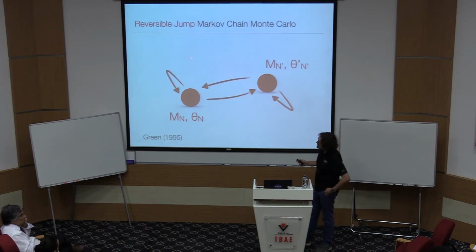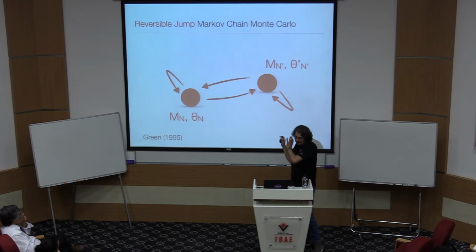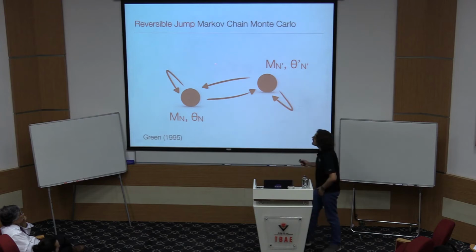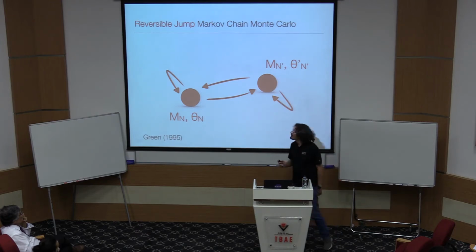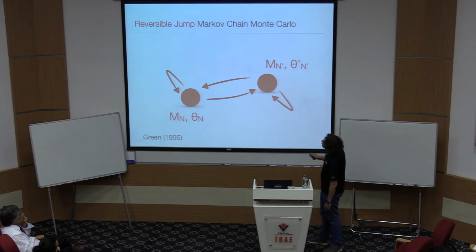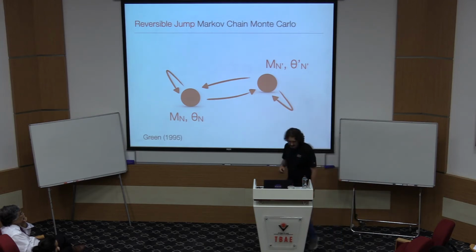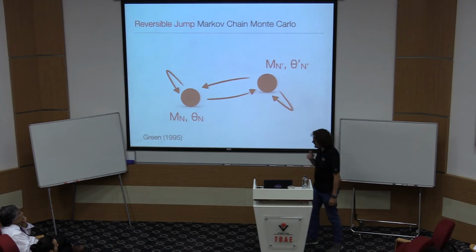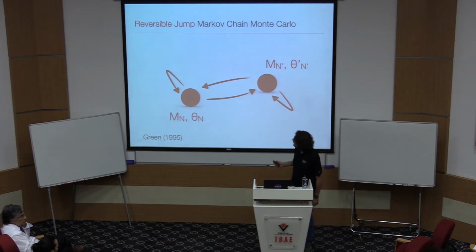Now, what's different in probabilistic cataloging? This was good old MCMC. Now, I will define reversible jump Markov chain Monte Carlo. Reversible jump Markov chain Monte Carlo was actually published kind of recently as a mathematical framework.